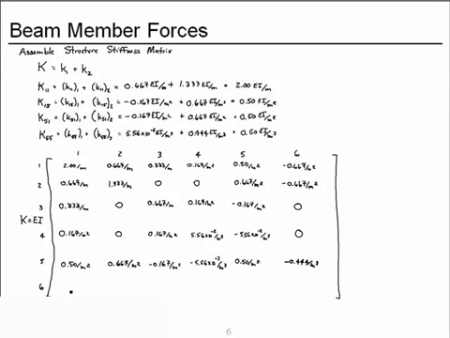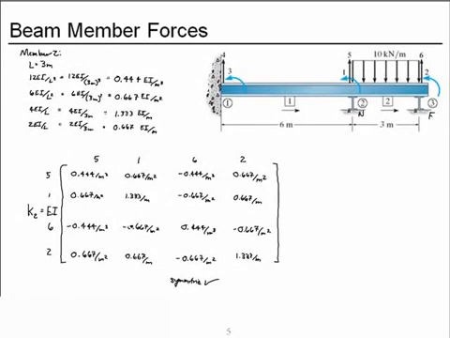Now the 6th row. 6/1, row 6, column 1, is given by this coefficient, 6/2 by this coefficient, 6/3 will be 0, 6/4 will be 0, 6/5 by this coefficient, and 6/6 by this coefficient.